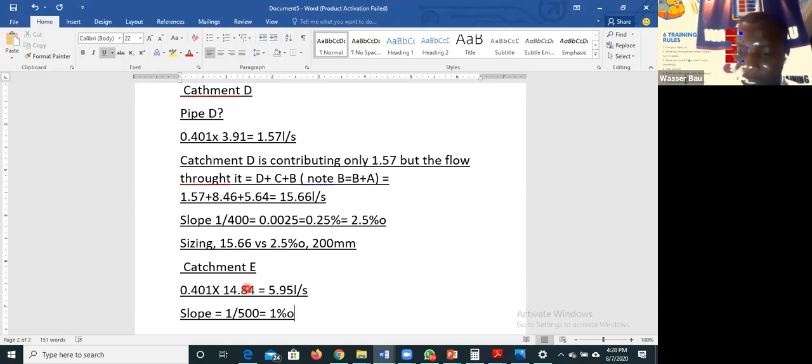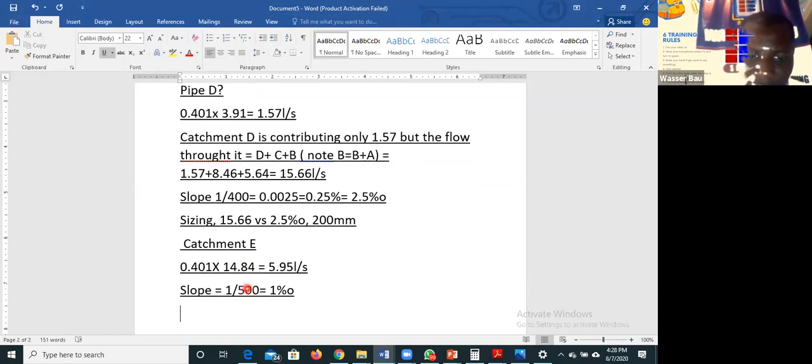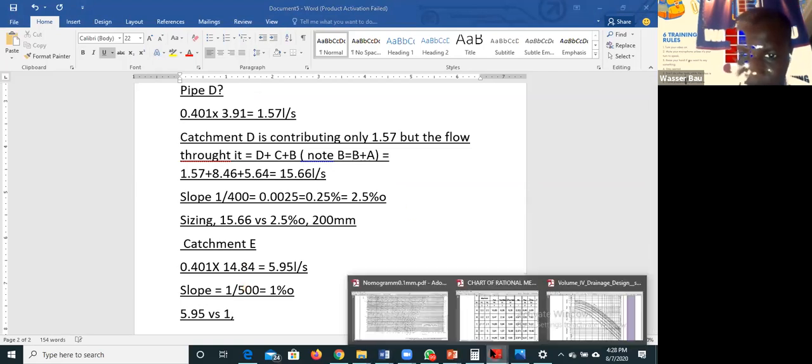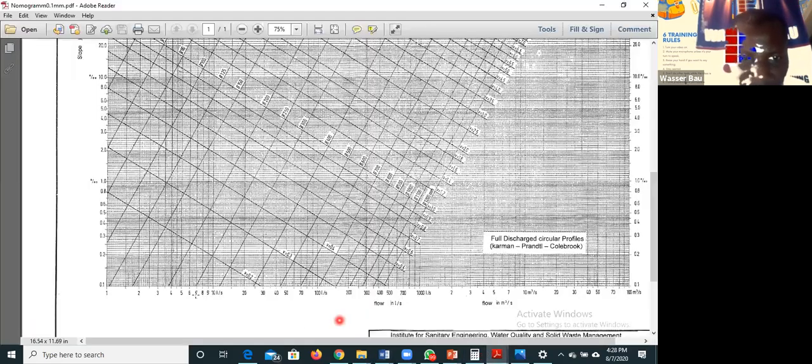So the next thing is 5.95, which is like 6, against the slope. The value is 150 mm. It's in between here, 150 mm, and then of course the velocity is there. I'm not interested in the velocity because the velocity is met.